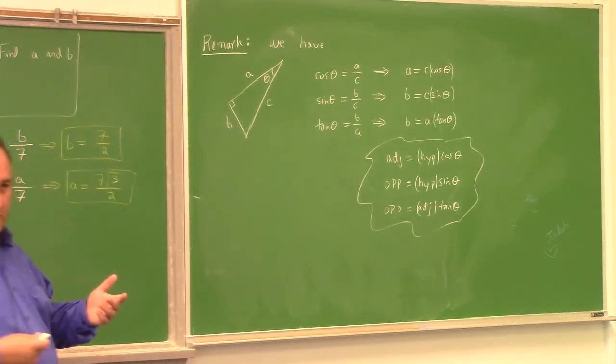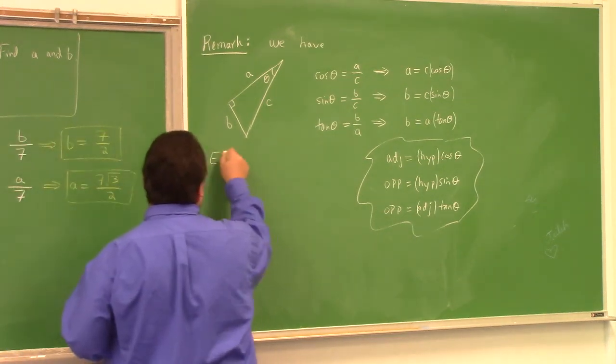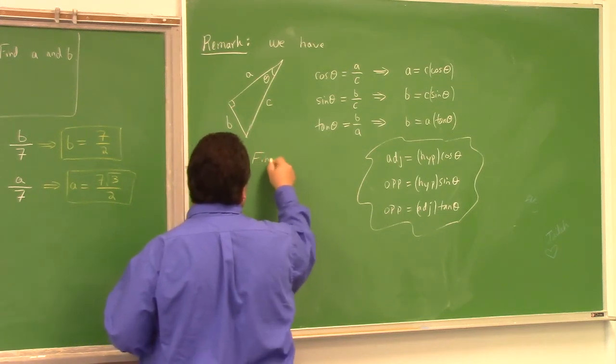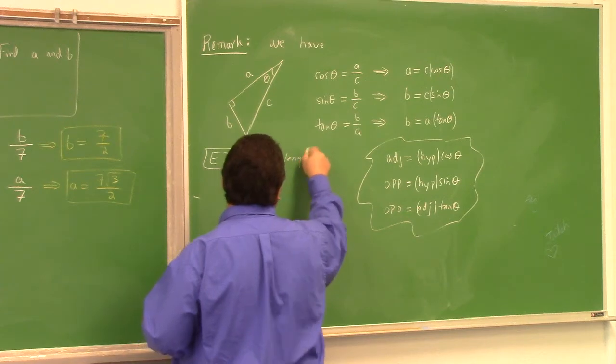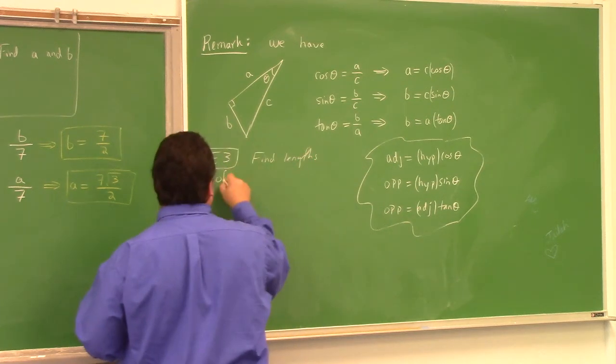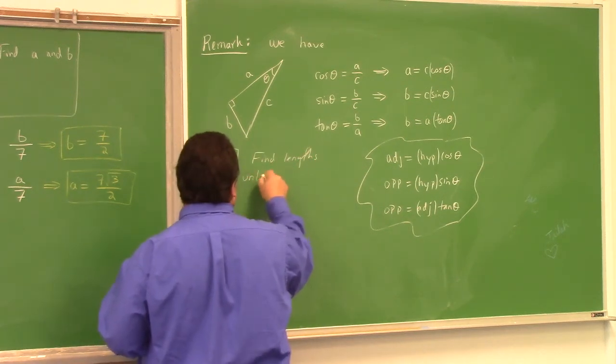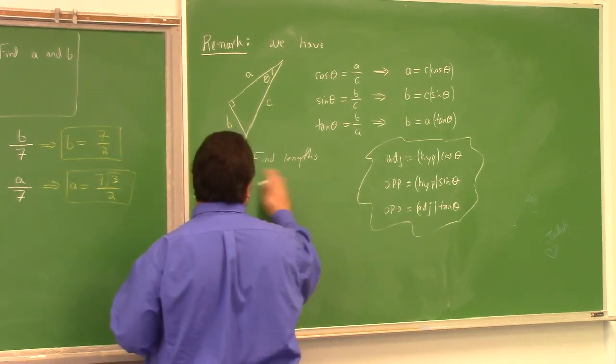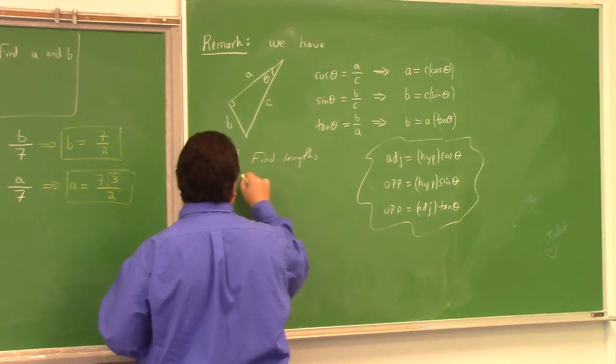So like example 3. Find lengths of unlabeled sides.